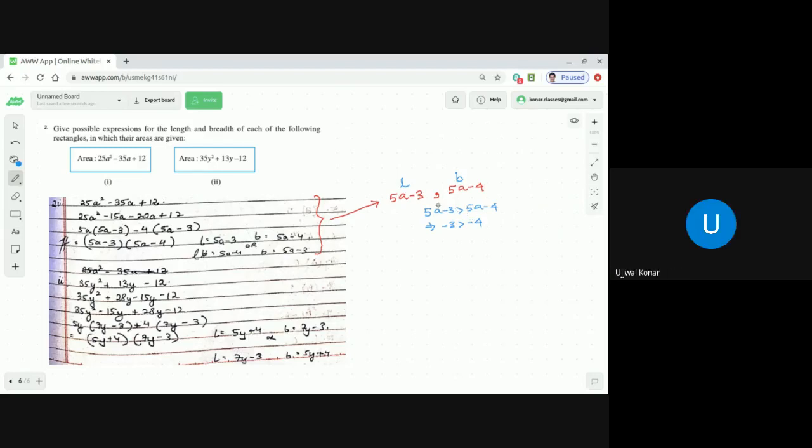But if we consider this as breadth and this as length, then what are we going to conclude? 5a minus 4 is greater than 5a minus 3. That implies minus 4 is greater than minus 3. That is not true. Minus 4 is less than minus 3.